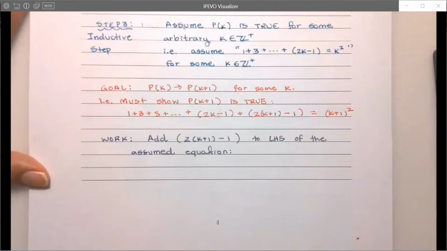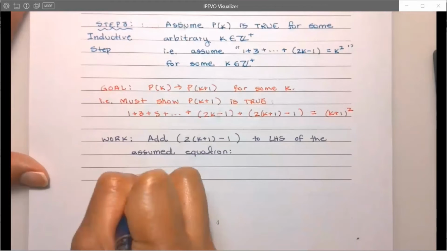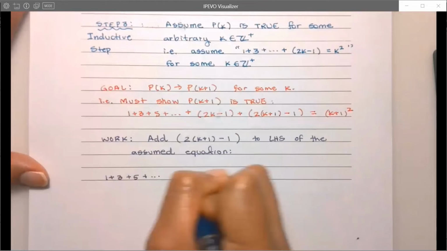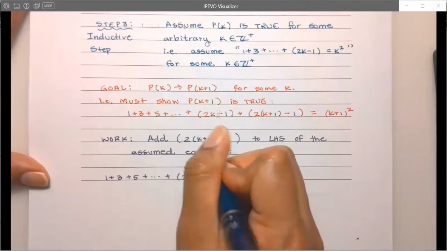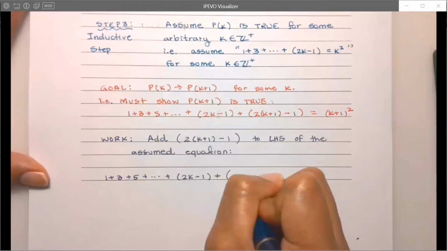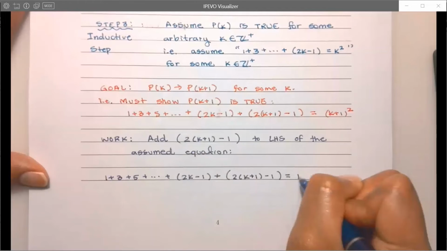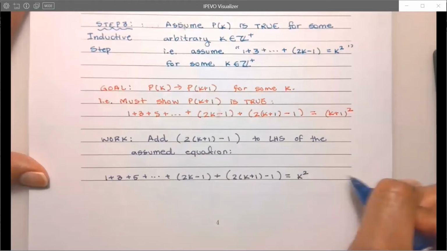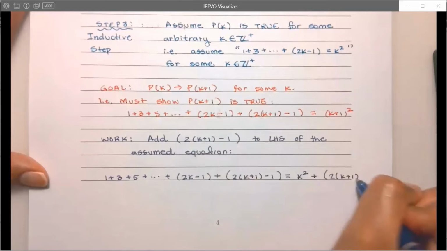And what is that going to look like? Well, we're going to have 1 plus 3 plus 5 plus 2k minus 1 plus this term here, 2 times (k plus 1) minus 1, is equal to k squared plus 2 times (k plus 1) minus 1.